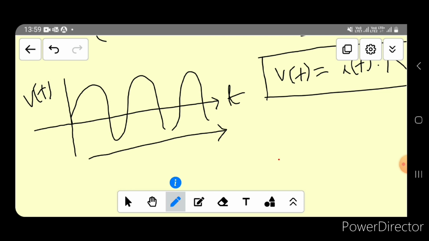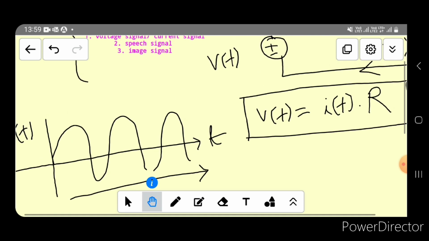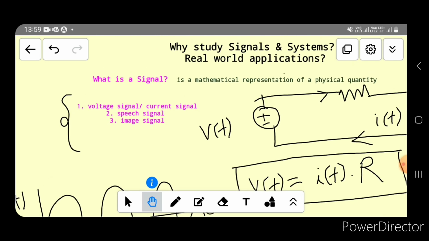It takes a different set of values for different values of time t. So we can say that V(t) is a signal which consists of different sets of values for different values of time. So this is the simple explanation of what a signal is in the simplest form.